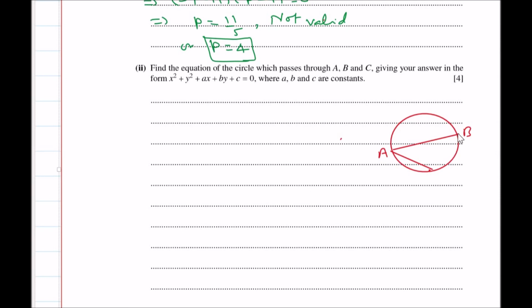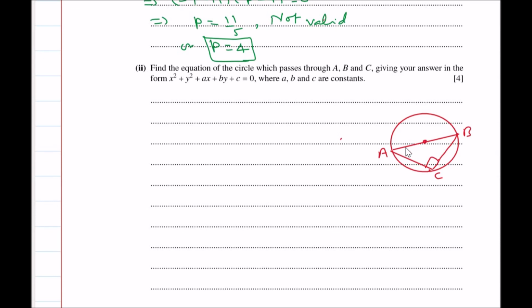So this angle is 90 degrees. The circle is passing through A, B and C, and angle C is 90 degrees. So AB must be the diameter. AB must be the diameter means the center is at the midpoint of AB, right?